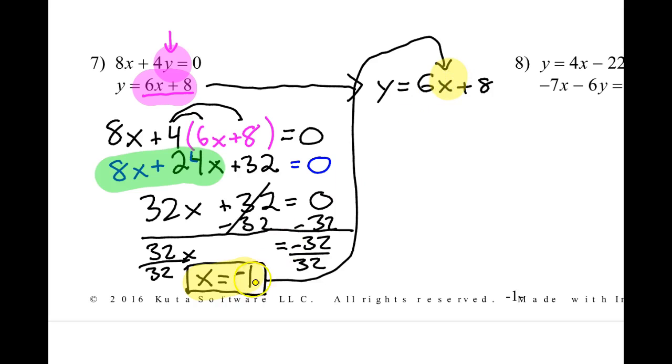Sub out x, sub in negative 1. And 8 minus 6.